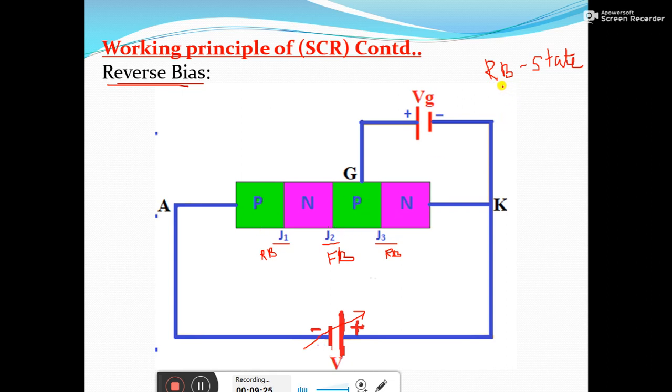That voltage is known as VBR, the breakdown voltage. Whenever the reverse voltage becomes equal to VBR, the junctions J1 and J3 both get destroyed, and a large current flows from anode to cathode, destroying the SCR completely. That's why we can say current can only flow from anode to cathode, not from cathode to anode. That's why it is also referred to as a unidirectional device.